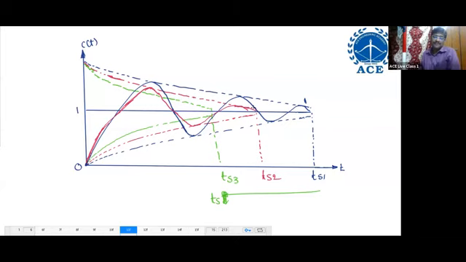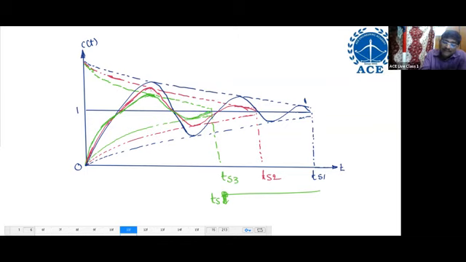Like this. Next, 3 and 3 dash. 3 and 3 dash means delay time still decreases, but rise time still increases like this. But peak time is the same, like this.